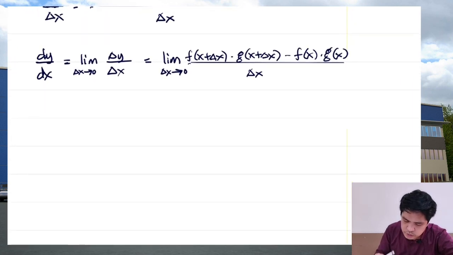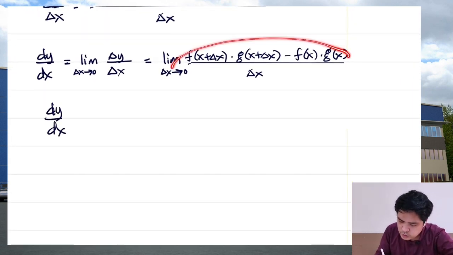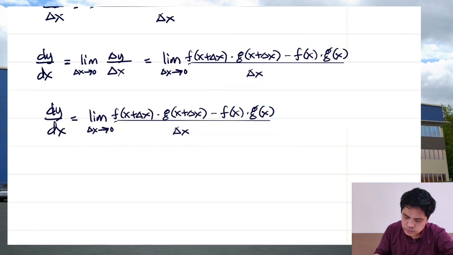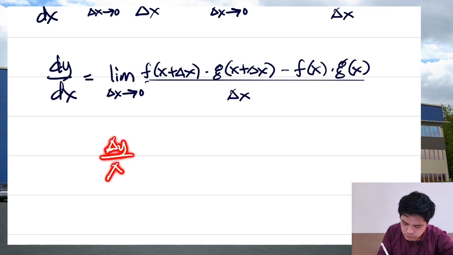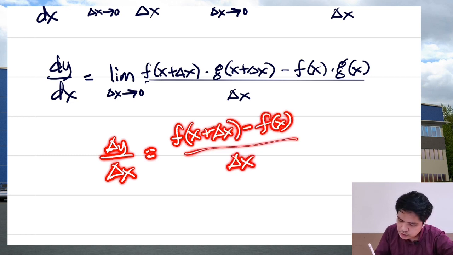So now let's evaluate dy over dx, which is equal to this. How would we manipulate this? We know that if we expand delta y over delta x, that is equal to f of x plus delta x minus f of x over delta x.